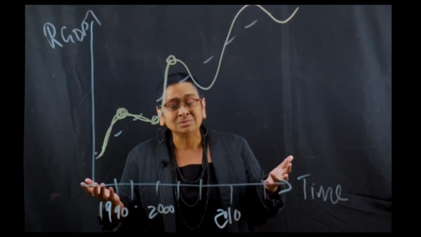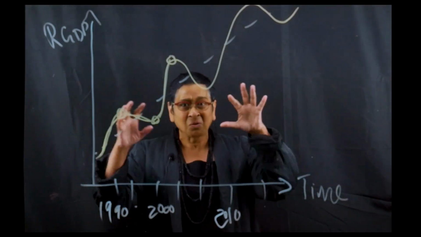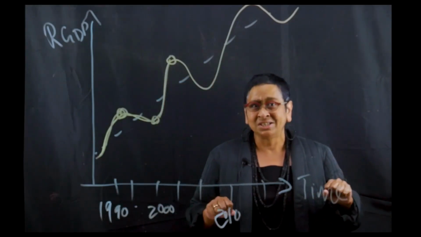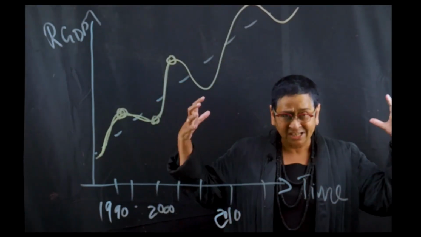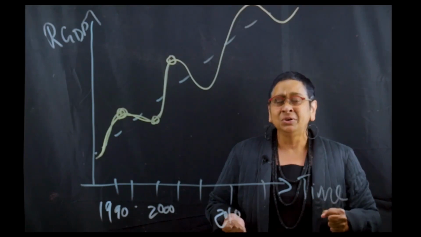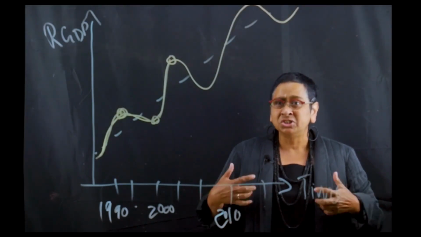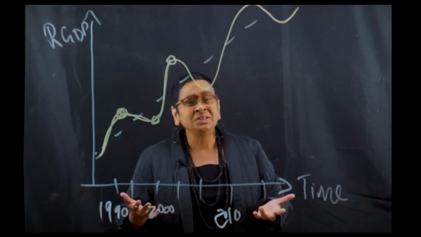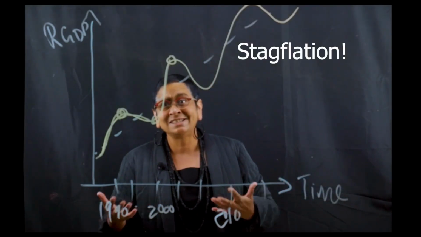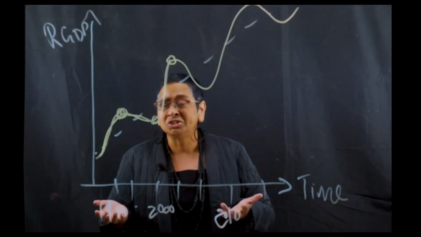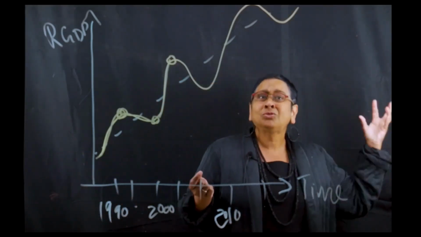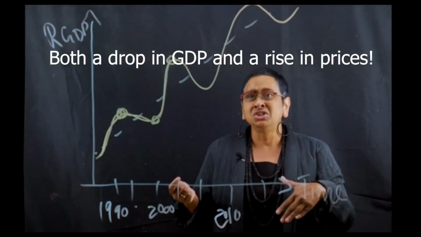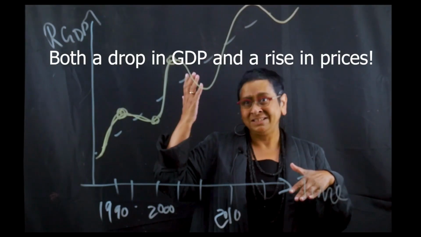And then, every so often, because the causes of recessions and depressions and declines in real GDP can be diverse, we know in the 70s we experienced stagflation, the unusual situation when you saw both a drop in GDP and a rise in prices.